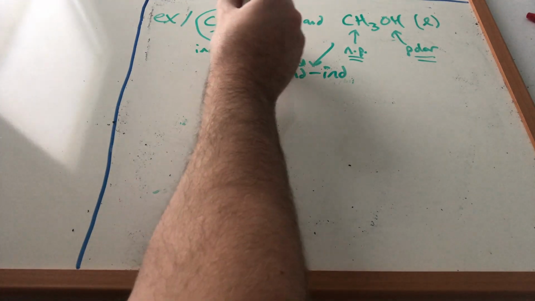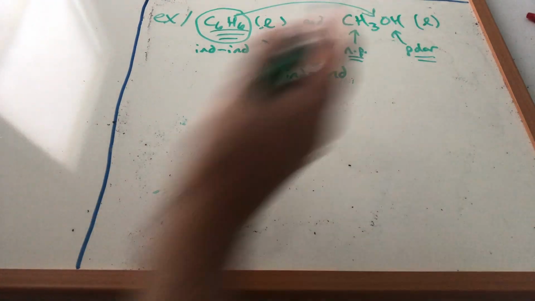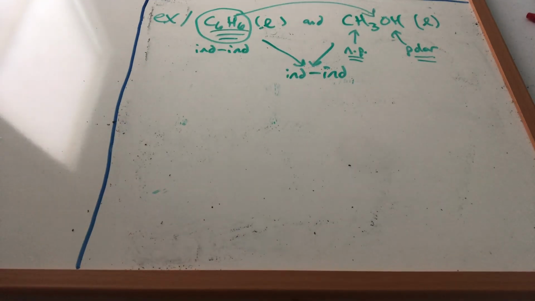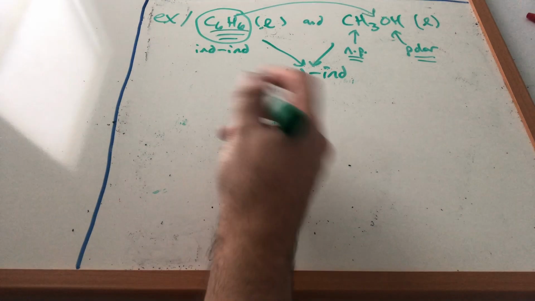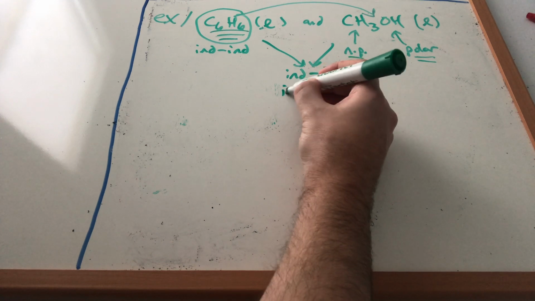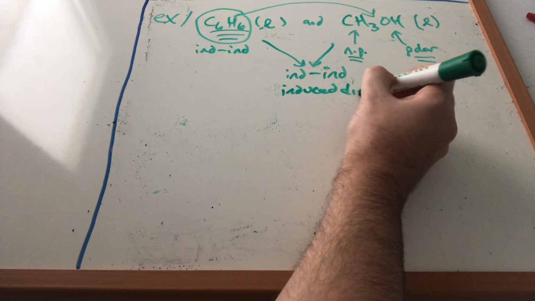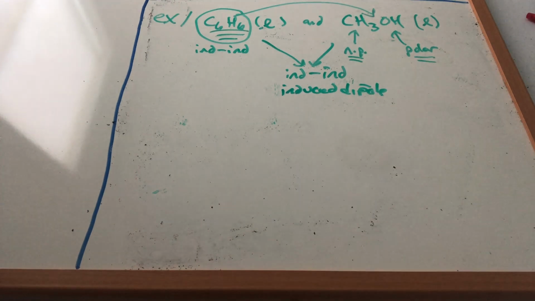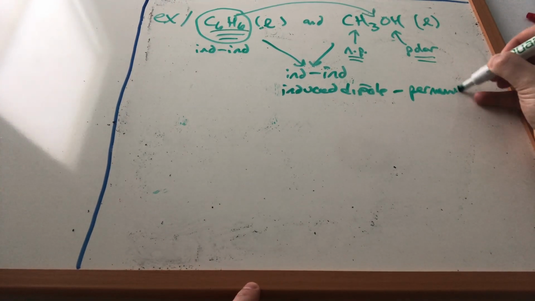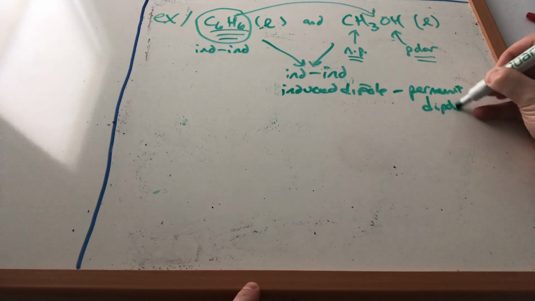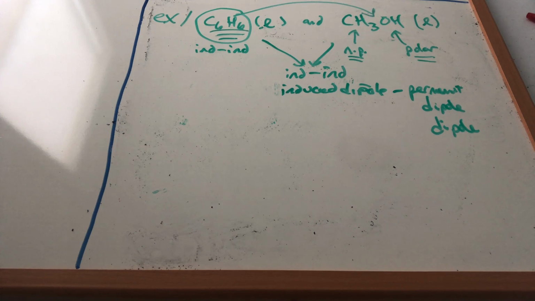But what happens when the polar part of CH3OH touches the nonpolar whole entire C6H6 molecule? When those things interact, you're going to get an induced dipole to permanent dipole interaction.